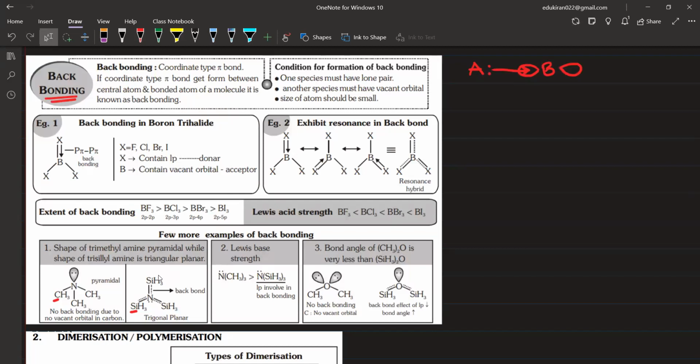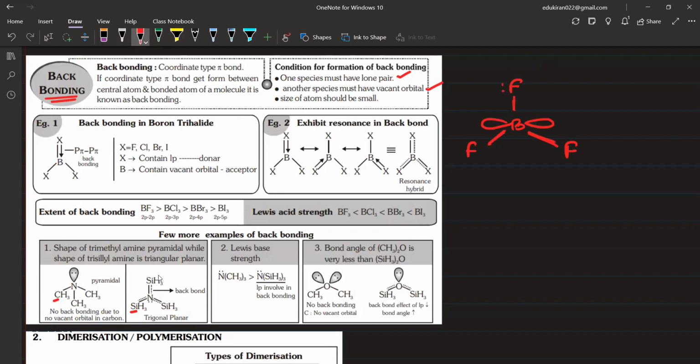One species must have a lone pair of electrons, another species must have a vacant orbital. ठीक है? Now, ये तब होगा जब आपके पास already एक bonded molecule हो. For example, in the case of BF3, you can see boron has only 6 electrons around it. Three bonds, that means 6 electrons, and there is one pure p orbital which is vacant.